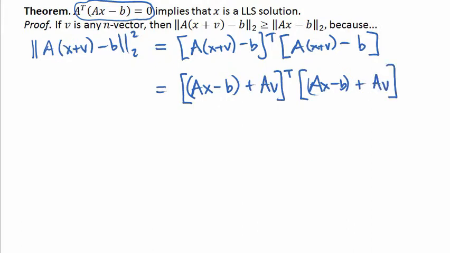Okay, now I'll multiply these out into 4 terms.